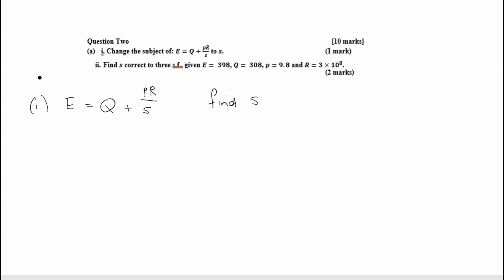Now some of you just put the numbers in and then rearranged it. No, to get the mark for this one you needed to put the rearranging first and then sub in the number. So baby steps, subtract Q from both sides.